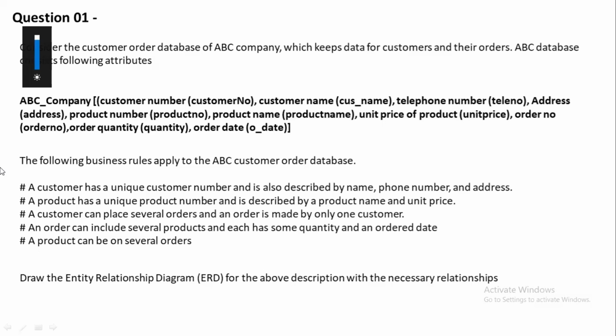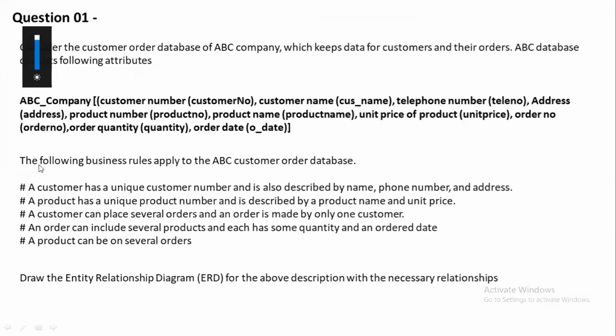Okay. According to the scenario, consider the customer order database of ABC company, which keeps the data for customers and their orders. The ABC database consists of the following attributes. In here they give some attributes like this. The following business rules apply to the ABC customer and order database.